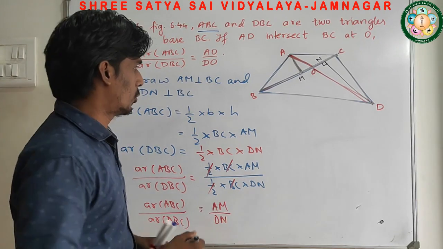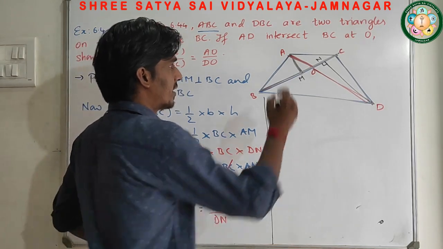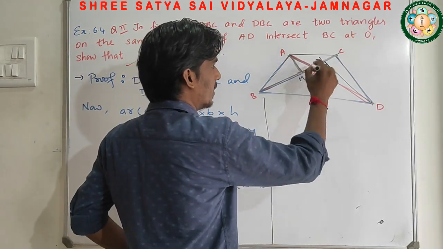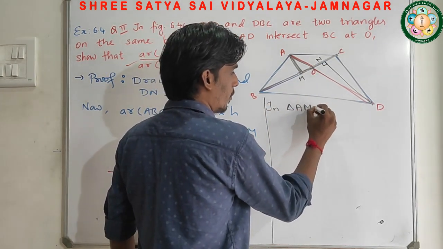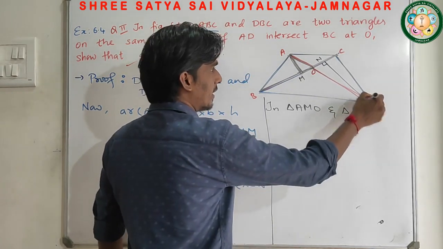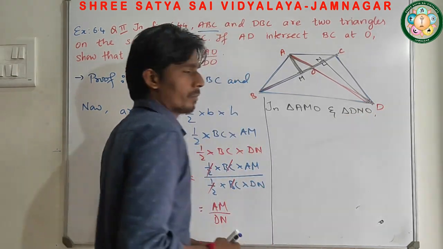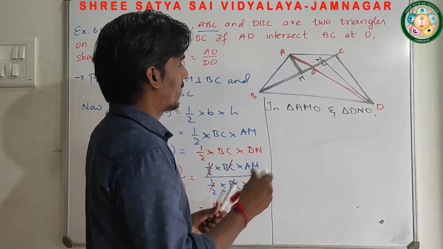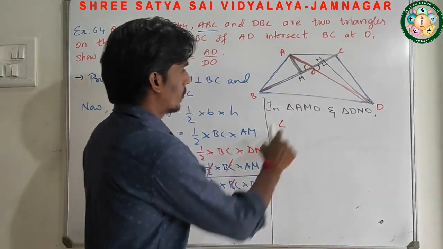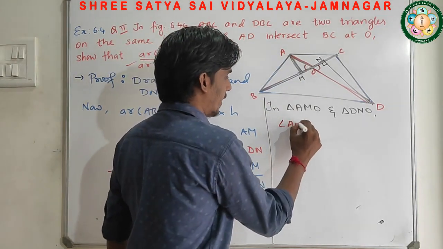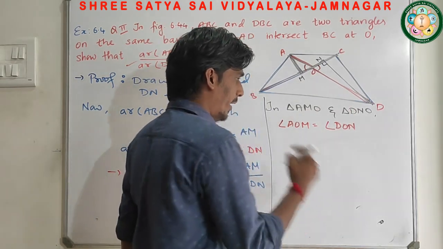So now I am going to take two triangles and prove them similar. This triangle AMO and triangle DNO. Now definitely the vertically opposite angles are equal. So we can write for this triangle, angle AOM is equal to angle DON.